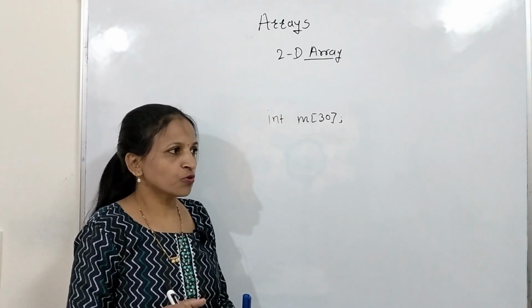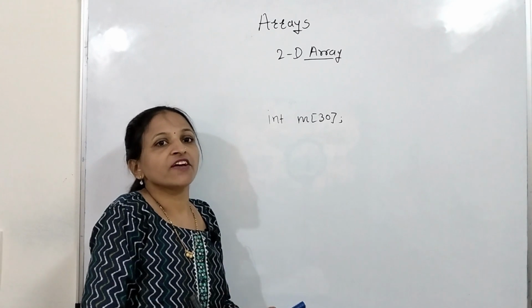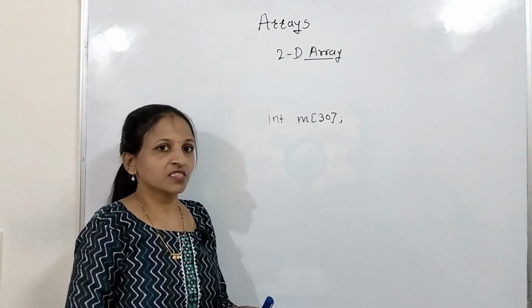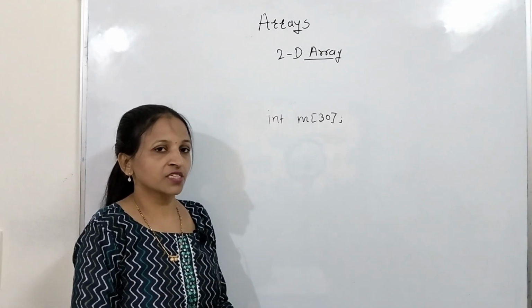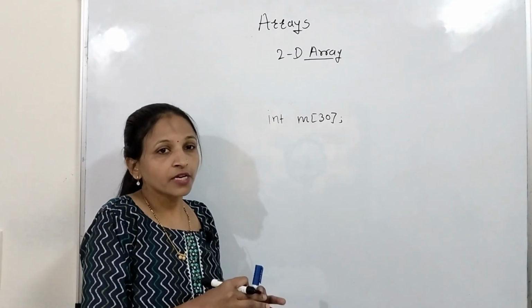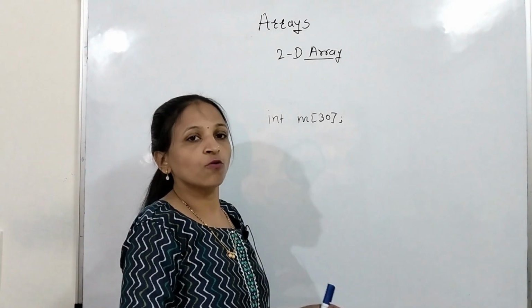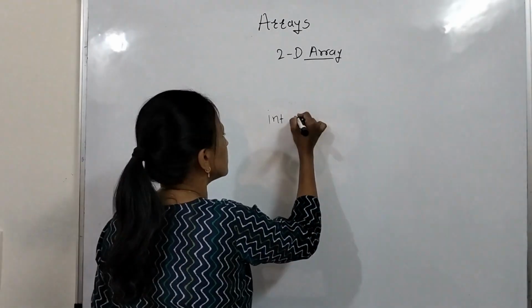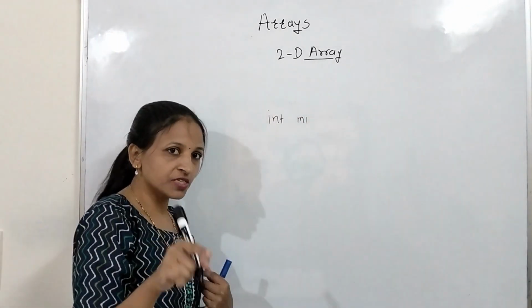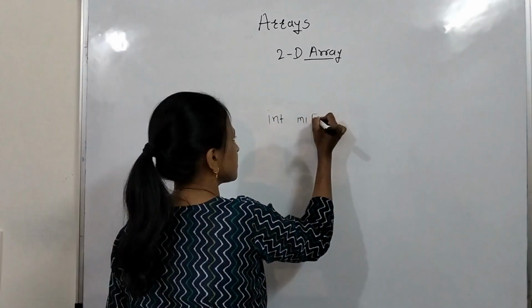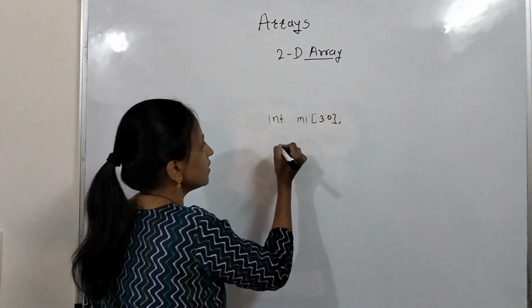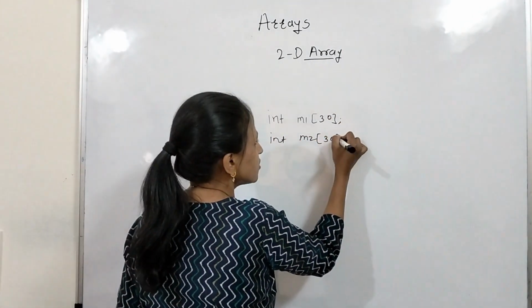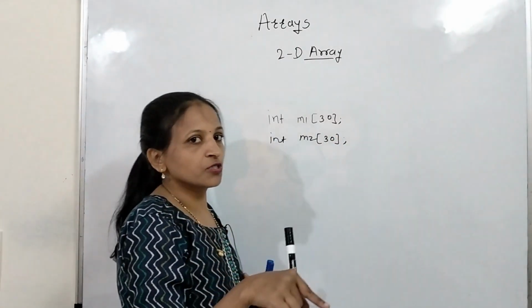If you want to store subject wise, like first subject 30 students, second subject 30 students, means you have to declare 5 different one-dimensional arrays in this way. Like m1 stores marks of the first subject of 30 students, then m2 will store marks of the second subject of 30 students.